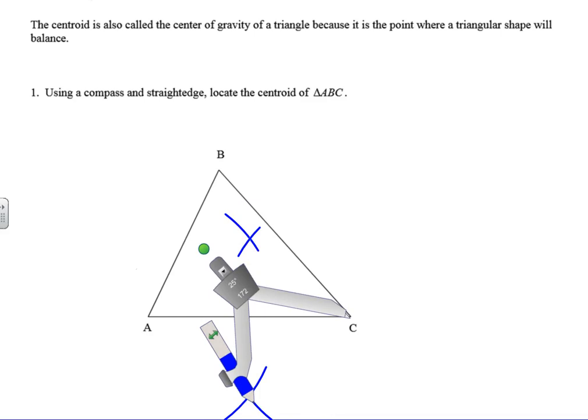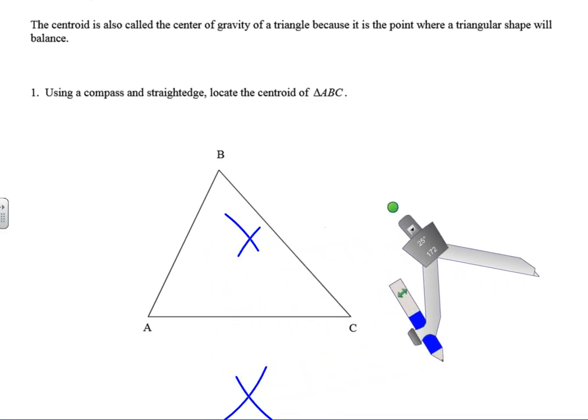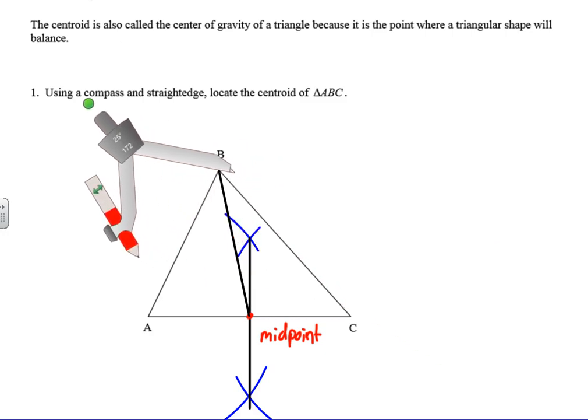I'll just do that, and then with your straight edge tool you will come down, and the point of this is to get ourselves the midpoint. And now the median is drawn from a vertex to the midpoint. So there's our median.